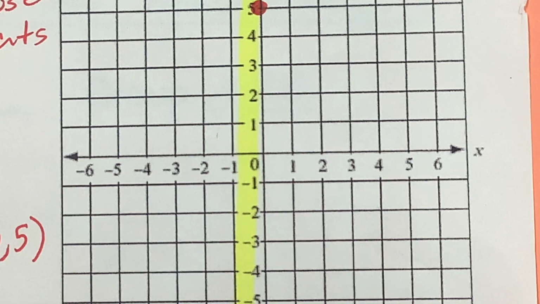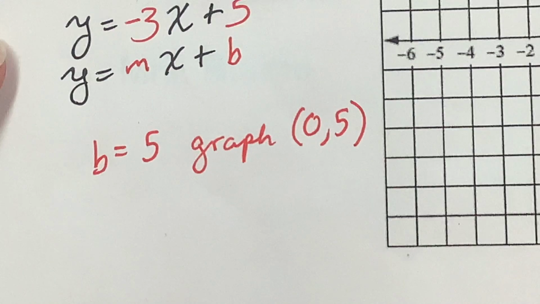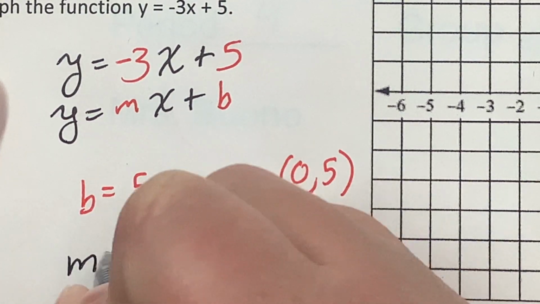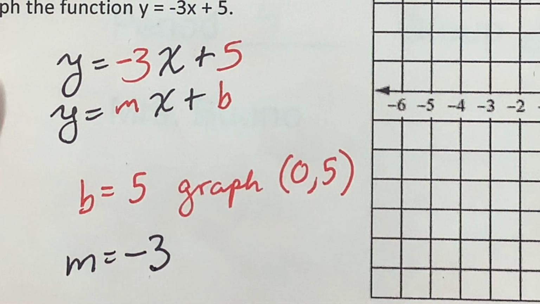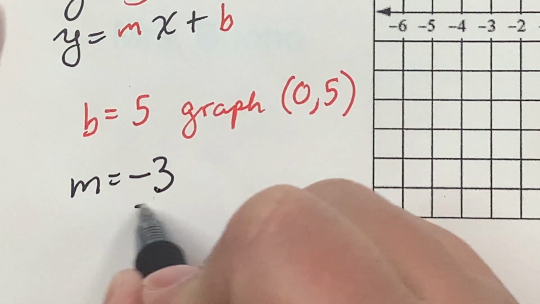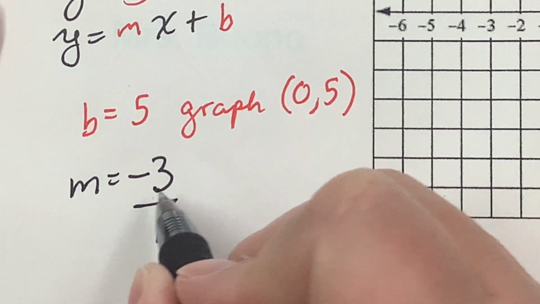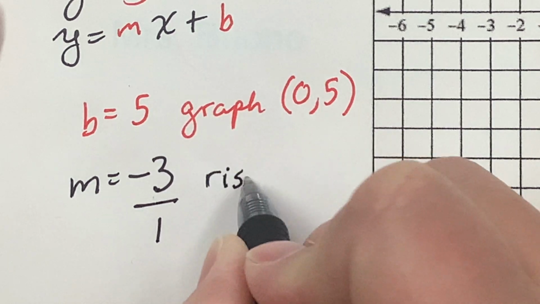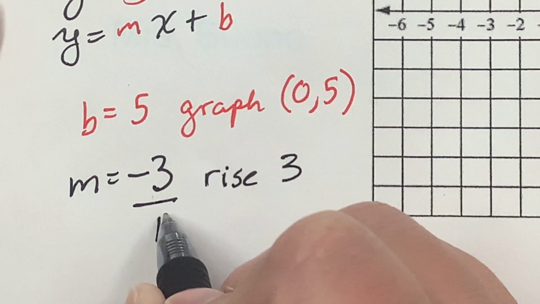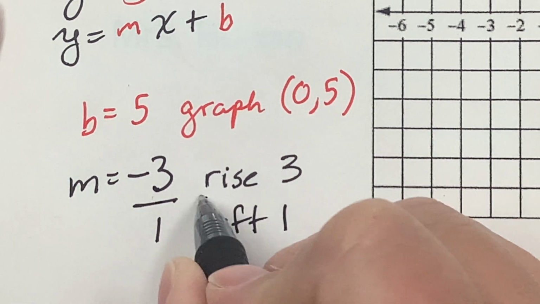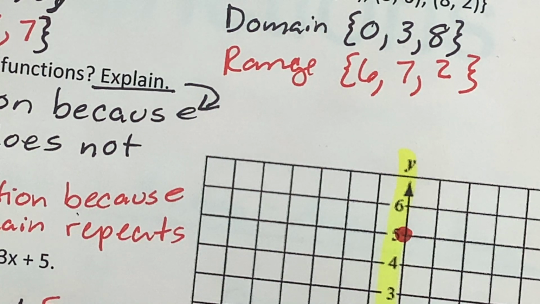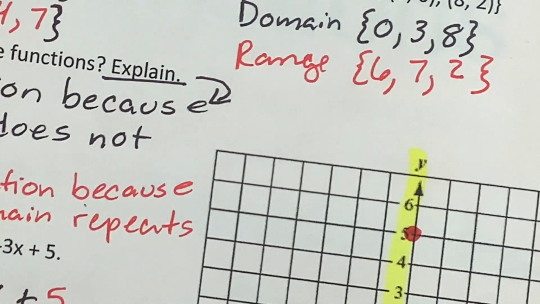Now, my slope, m, back to here, equals -3. But slope should have a rise and a run. So -3 over 1. This means rise 3, but because it's negative, you're gonna go left 1. So rise 3, left 1. So I come over here. Oh, bother. I can't rise 3 and go left 1 because I don't have 3 boxes to rise.